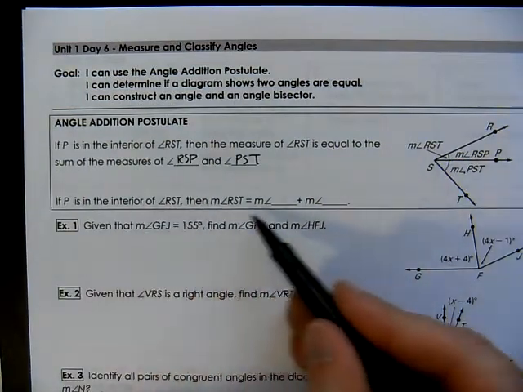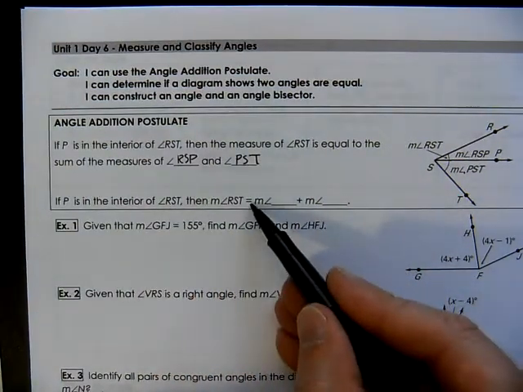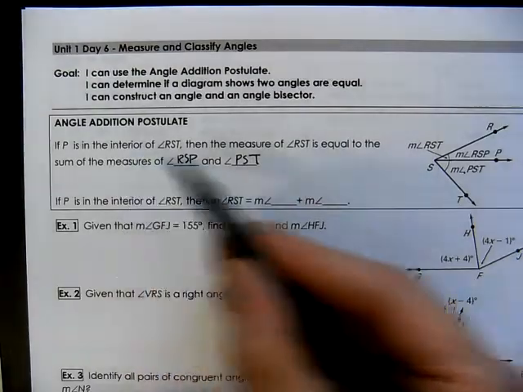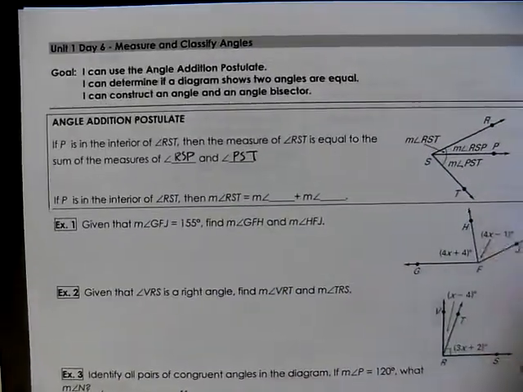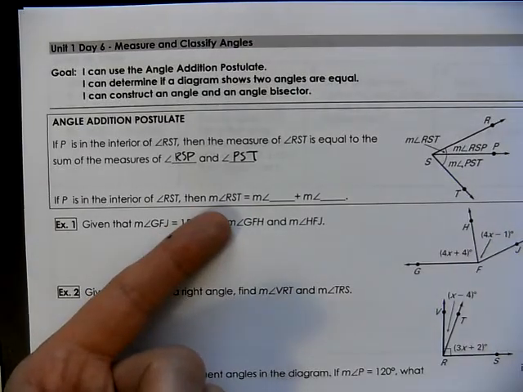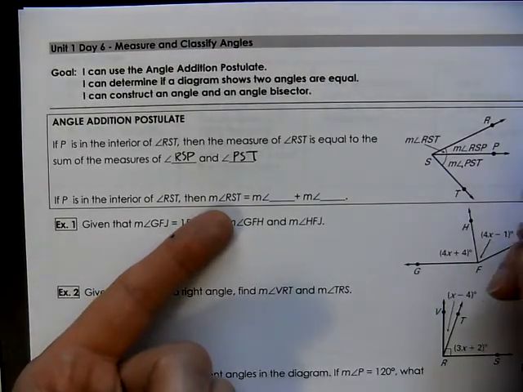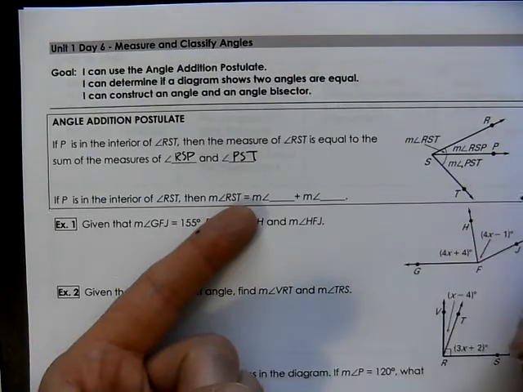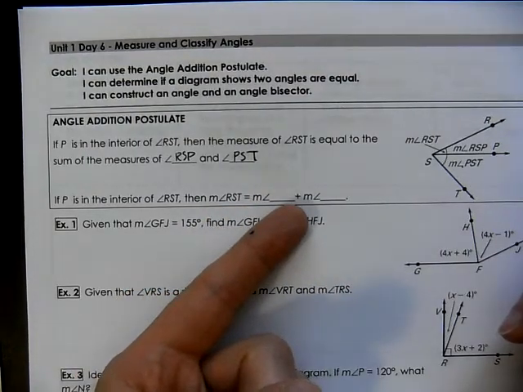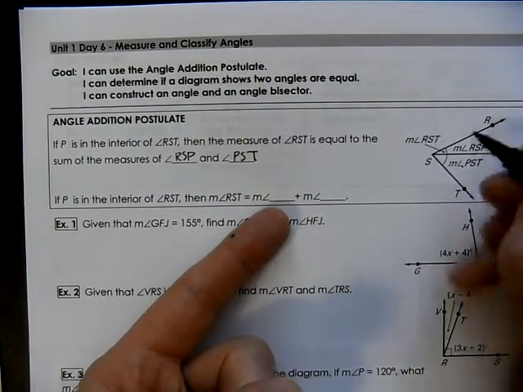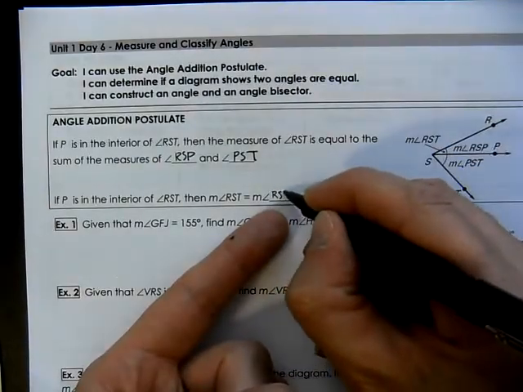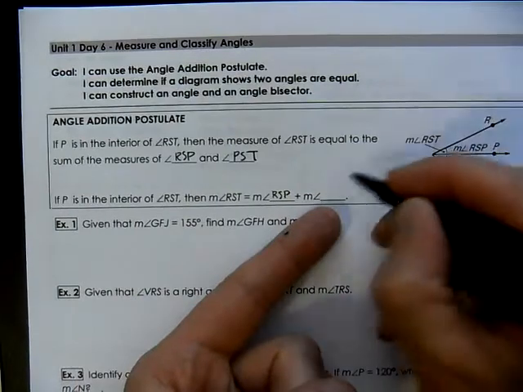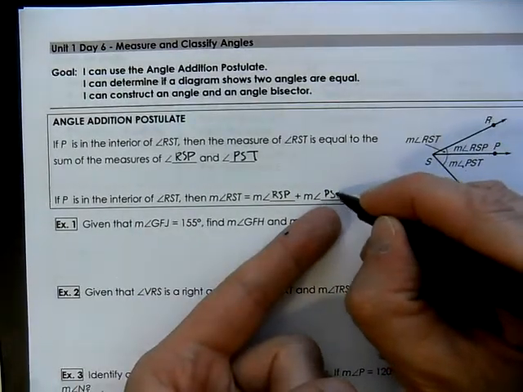And here it's just restating that using an equation with the equal sign instead of just the words. So here we have the large angle. Again, notice we use little m for measurement because we'll be talking about numbers here. The measure of angle RST is equal to the sum, there's your plus sign, the sum of these other two angles. So we want to add up the measure of angle RSP and the measure of angle PST.